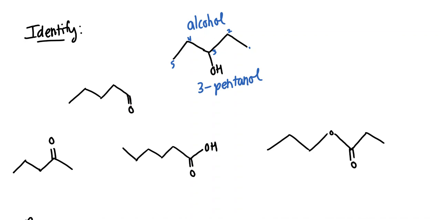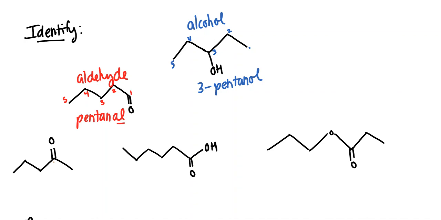Okay, this one has the carbonyl group on an end, so that's an aldehyde. And we don't have to say the number, it is carbon 1, just counting them all. This is pentanal.